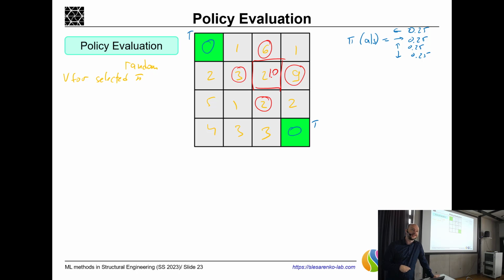And surprisingly, this always converges to the final solution. So in this particular case, since this is a classical example, we will have something that looks like this.